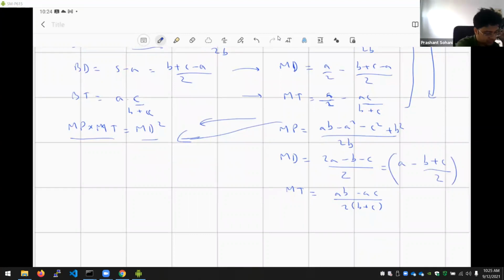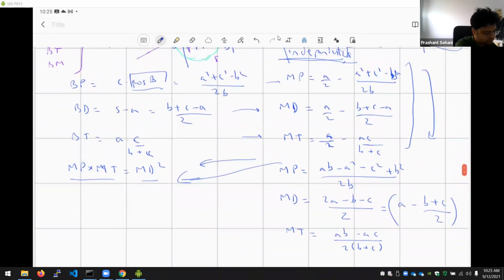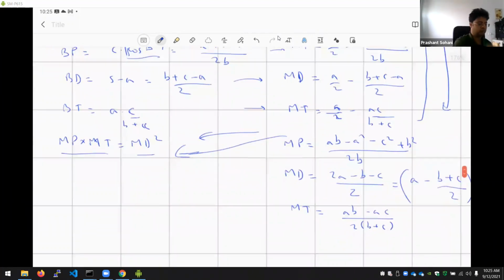And MP into MT also, is there any way of simplifying the calculation? Okay, I don't see any obvious way.